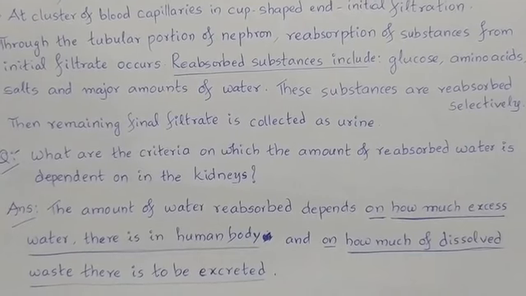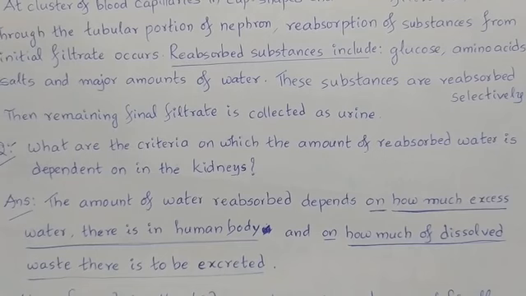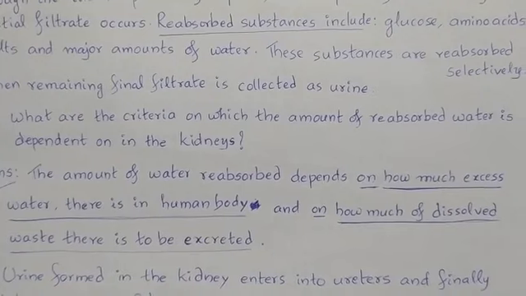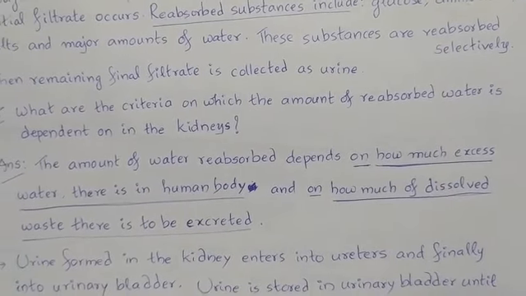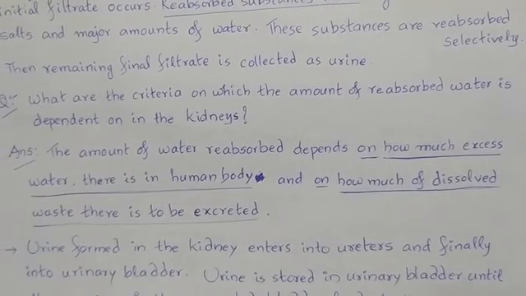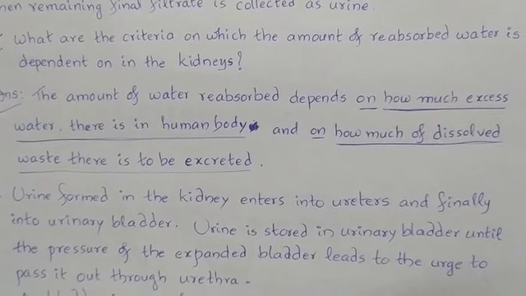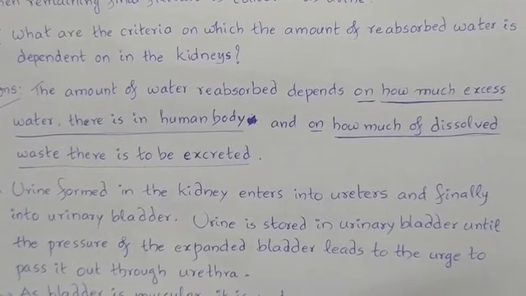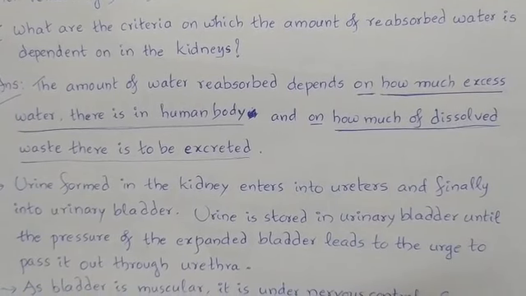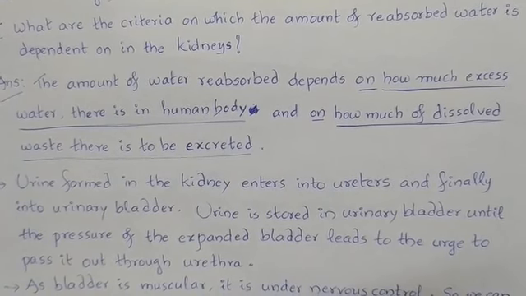There are certain criteria on which the amount of reabsorbed water volume depends. What are the criteria on which the amount of reabsorbed water depends in the kidneys? The amount of water reabsorbed depends on how much excess water there is in the human body, and how much dissolved waste there is to be excreted.